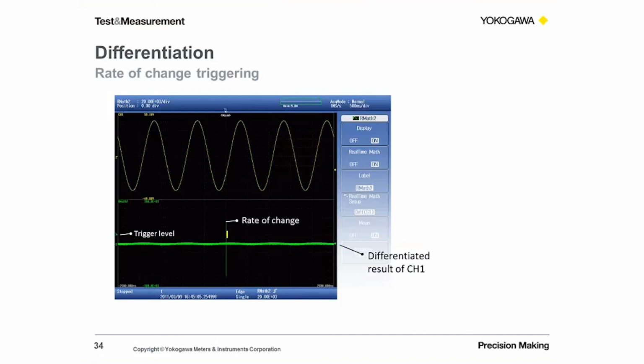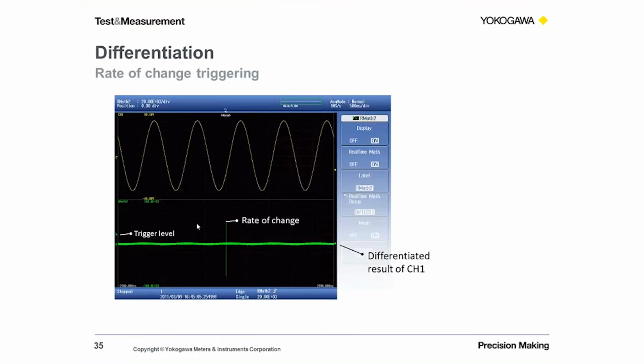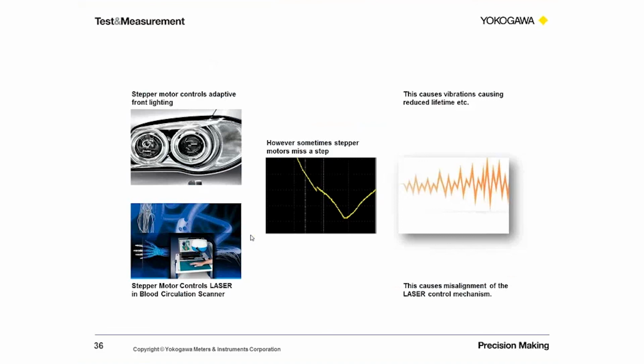So what we can use this in practice for, and this is showing two examples of that. In this case, the first example is the stepper motor for an adaptive front headlight for an automotive application. We're looking at the stepper motor, and we're able to capture just that misstep, and of course then diagnose the effect of that on the system.